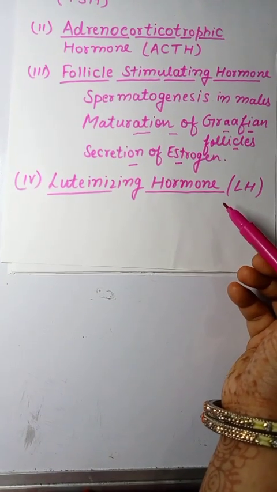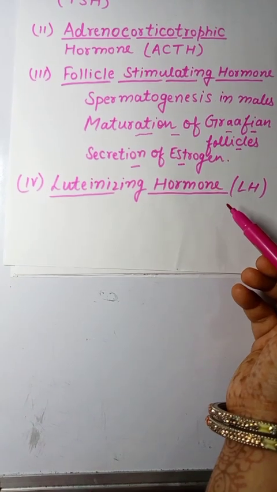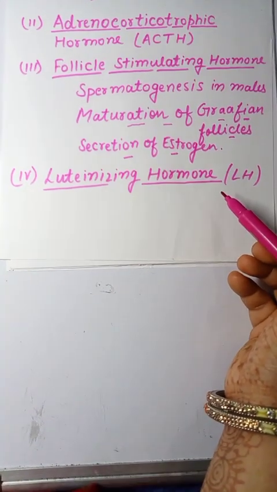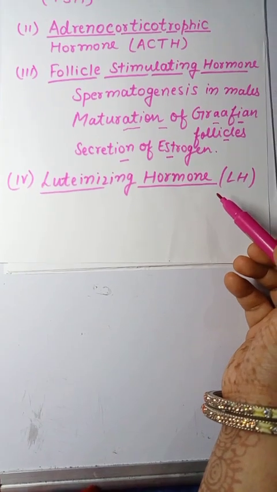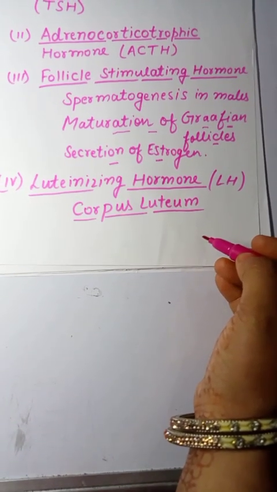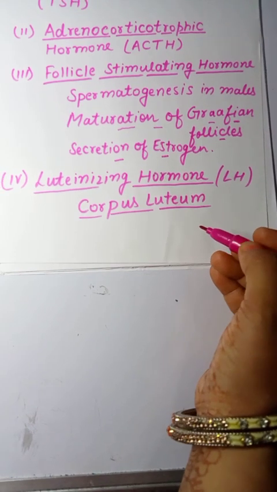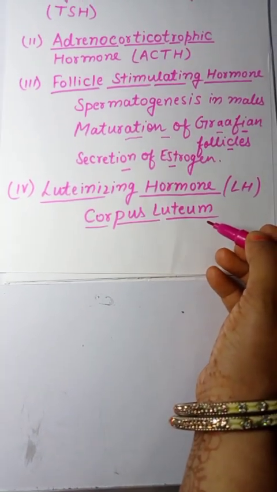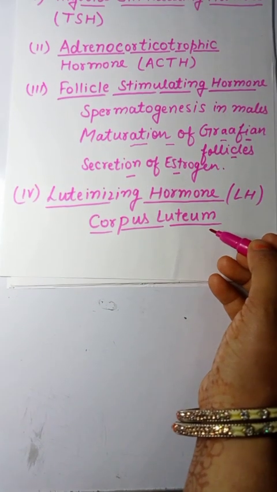Next hormone is luteinizing hormone, which is also known as LH. It stimulates the process of ovulation, and later on there will be formation of corpus luteum. After the ovulation process, in the empty Graafian follicle, there is a formation of yellow mass, which is known as corpus luteum.